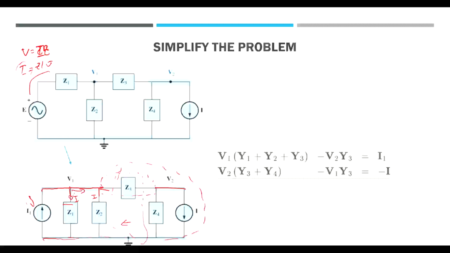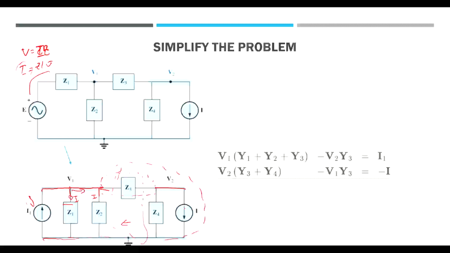This is going to be this current, and then you're going to do V1 divided by Z2, because the voltage through this leg is the same since it's in parallel. And then you're going to do V1 minus V2 divided by Z3 plus the current source equal to 0.